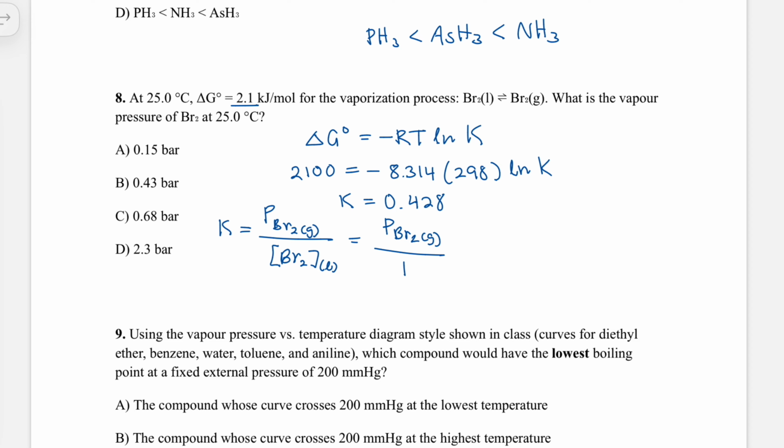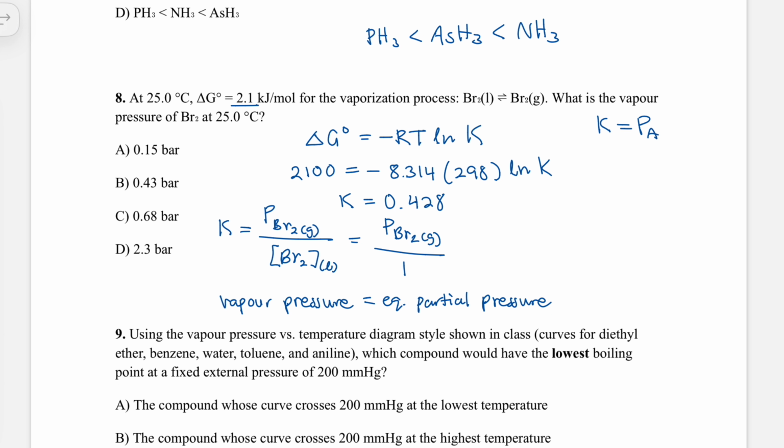And then the rule that we should remember is that vapor pressure equals equilibrium partial pressure. Or we could write it as K equals the partial pressure of the gas. So this means that the vapor pressure is just equal to K, which is 0.43 bars. So then it's option B.